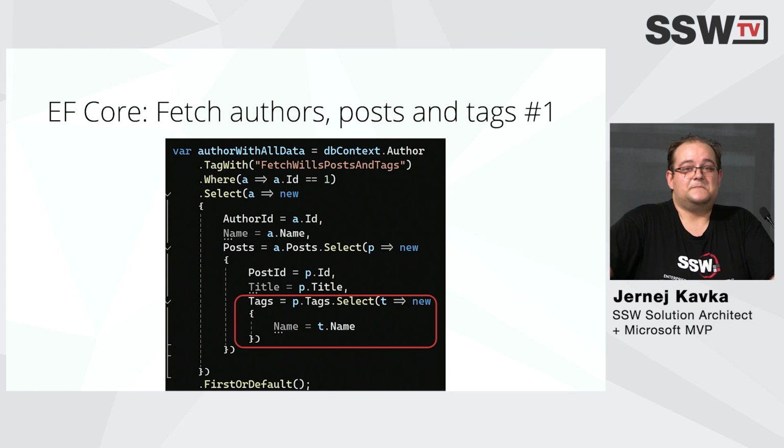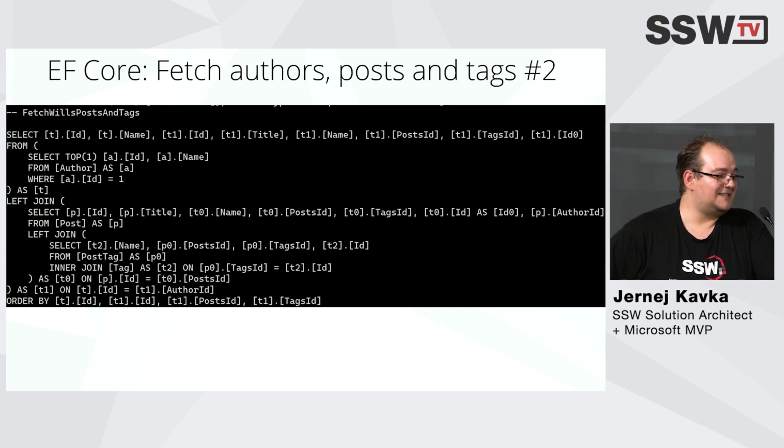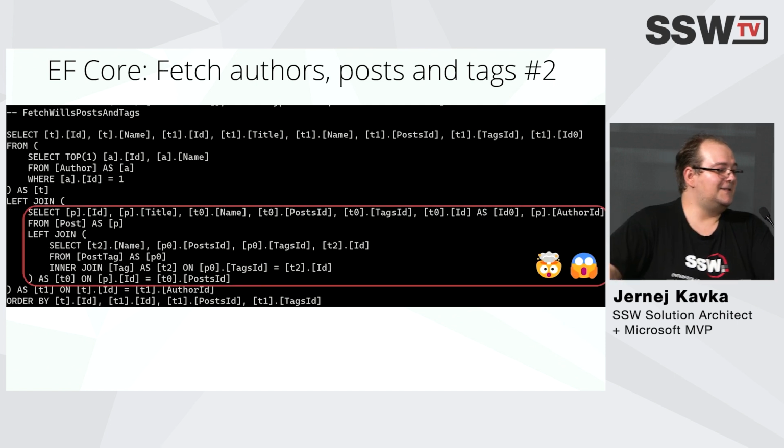But what becomes even more interesting is when we're adding tags. Now, what happens here is a pretty big query, all things considered. And you might be questioning yourself, what is going on here? Why is there a lot of SQL over here?